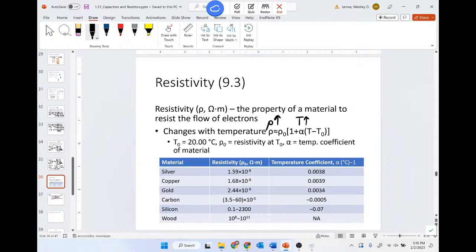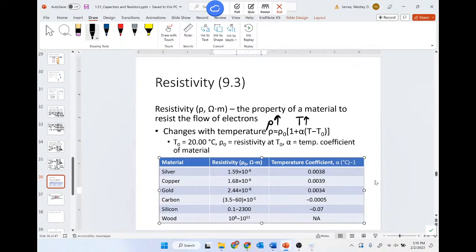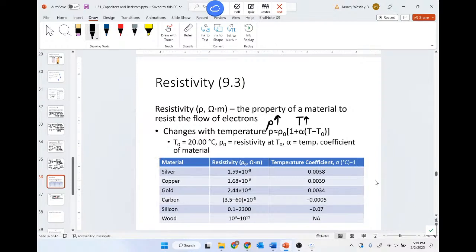A 16 to a 19, that is a 1 with 16 zeros after it, times better for electricity. So, it makes sense why we build our circuits out of copper instead of wood. And we can see very small differences between silver, copper, gold. Interestingly, gold conducts electricity worse than copper does.